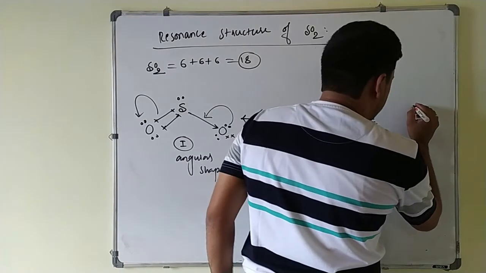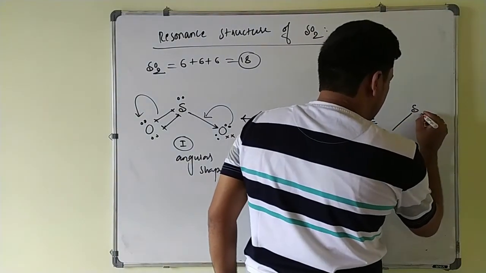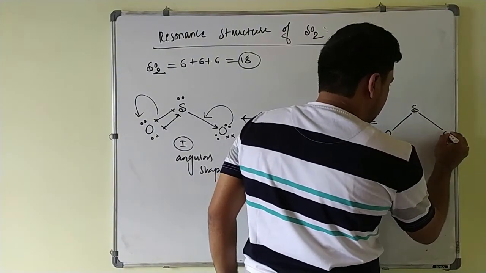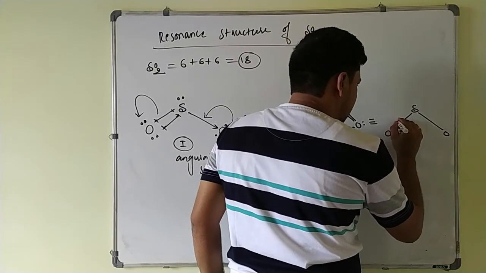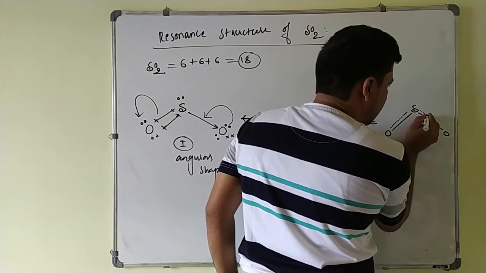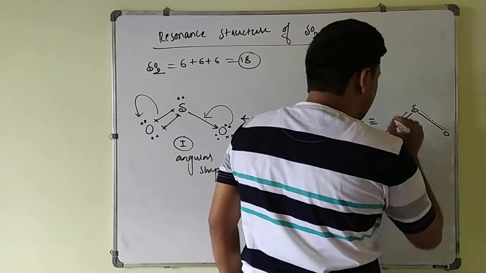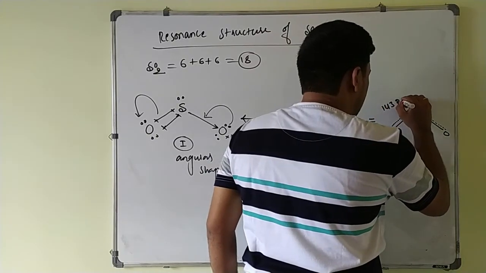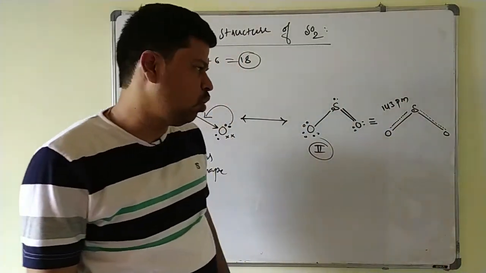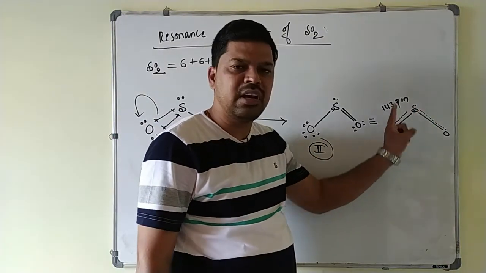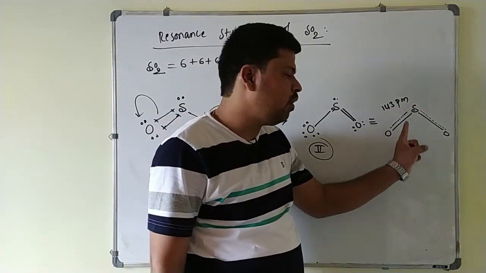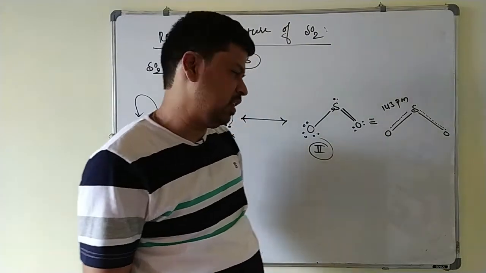The resonance hybrid can be written as S with two O's. In the resonance hybrid, the 2 SO bonds are equal, and they have a bond length of about 143 picometer. Both SO bonds are covalent bonds, and they have equal bond strength due to the resonance.